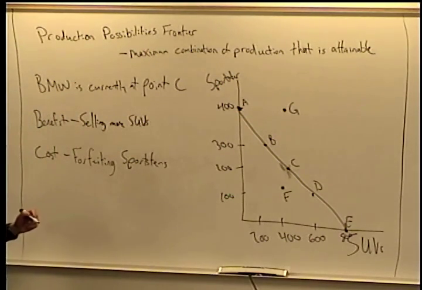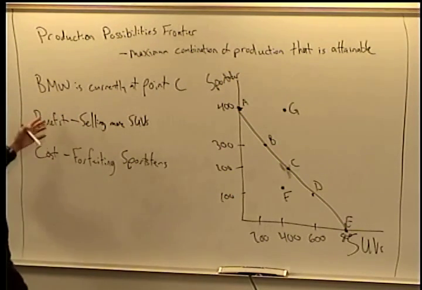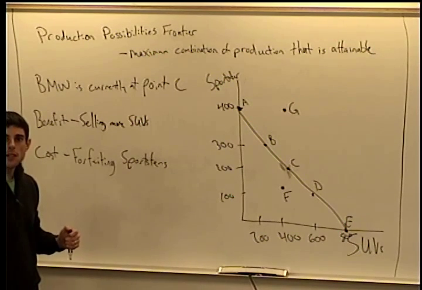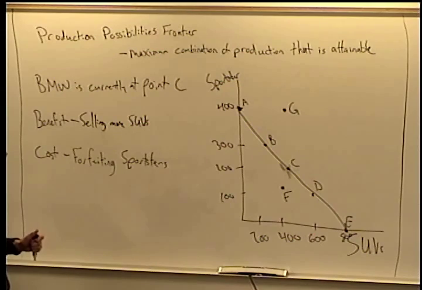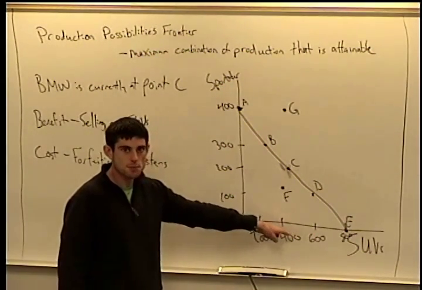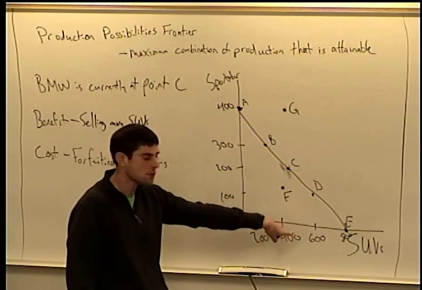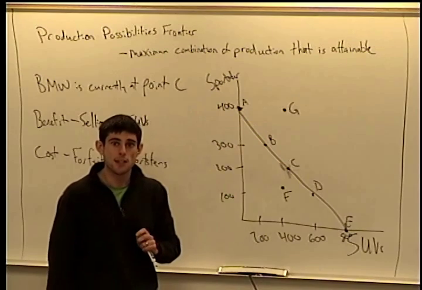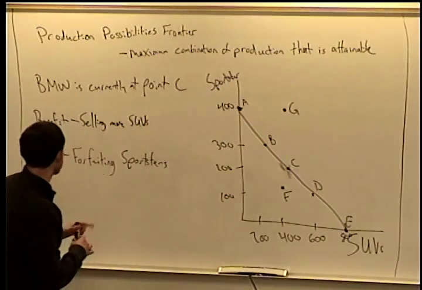Okay, so what we really want to know is what is the cost and what are the benefits of producing more SUVs? Okay, or what we want to know is what is the cost of the next best alternative? To produce an SUV, the next best alternative, if BMW wasn't producing our SUV, it would be producing Sportsters. So we're going to be analyzing the opportunity cost.